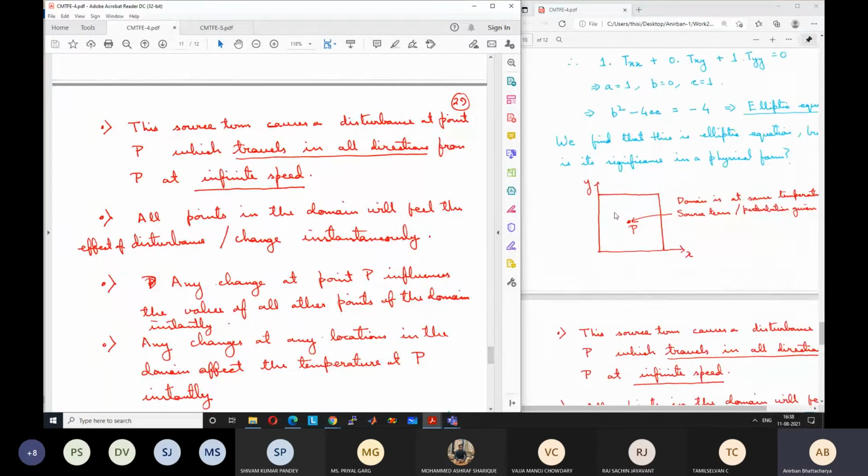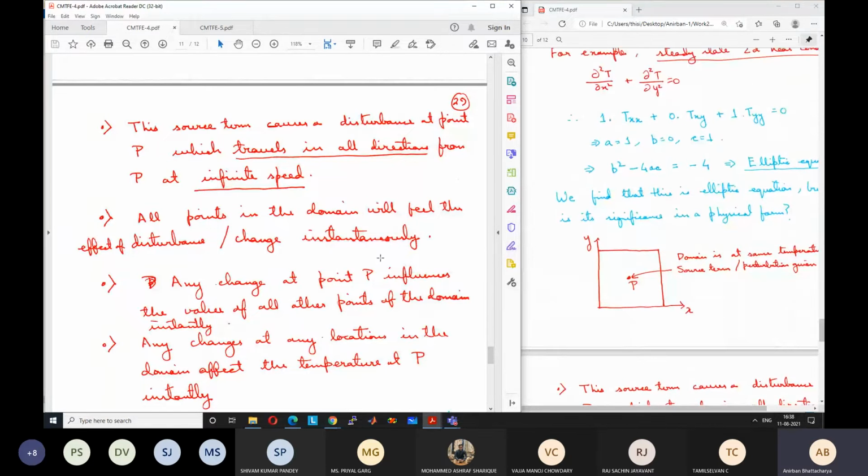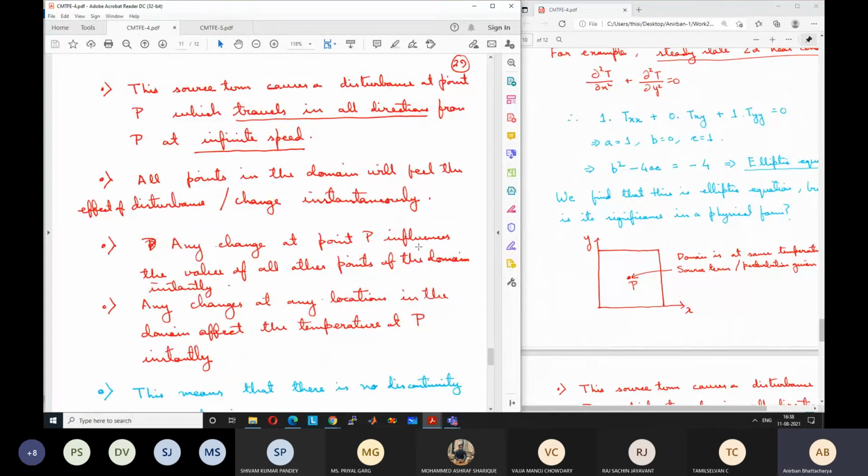Any change at P influences the value of all other points of the domain instantly. Any change at any location in the domain will affect the temperature at P instantly. Both ways information is traveling. P will also influence all the other points, and all the other points will also influence P. So information can travel freely across the domain.